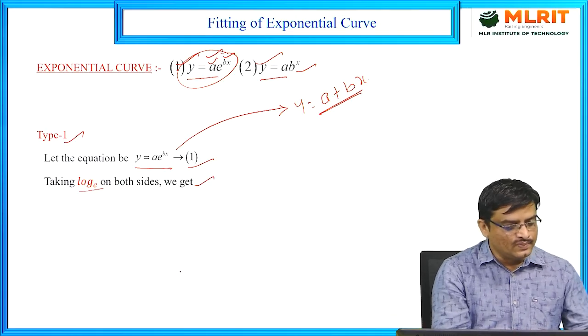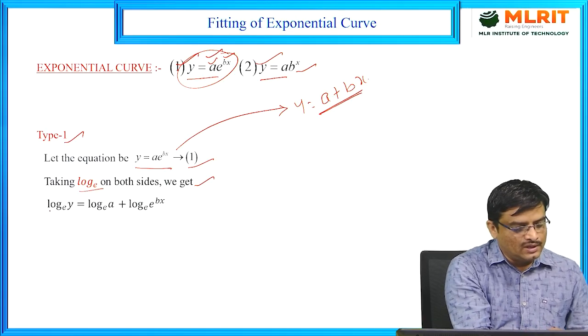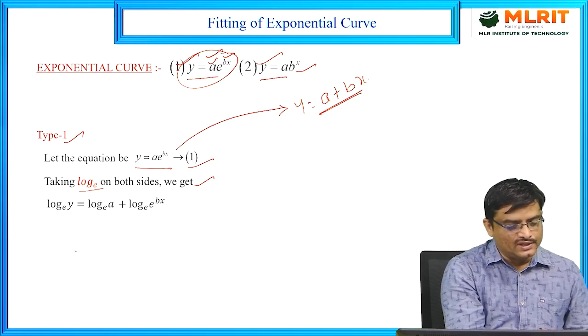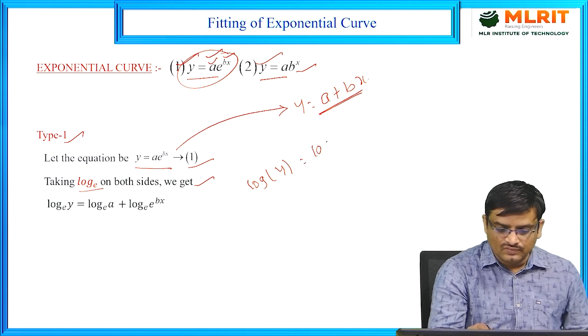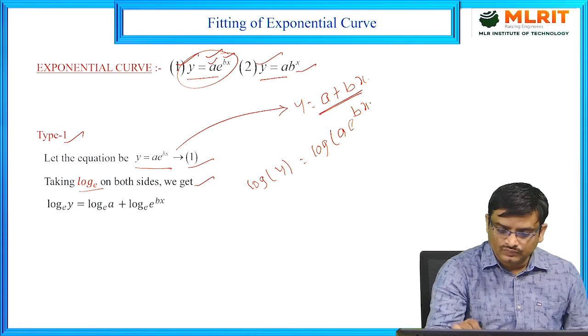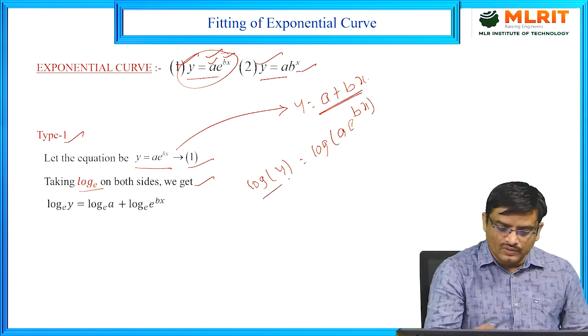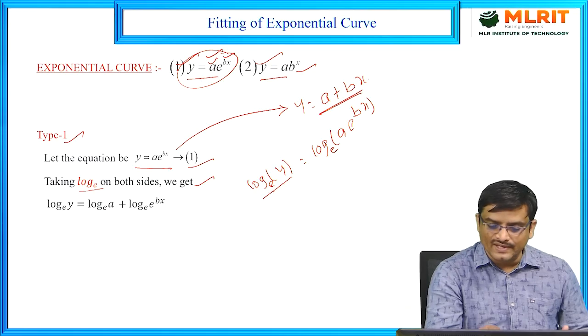Once we apply this, we got log y to the base e, so log of y is equal to log of a into e power bx. By default, log means here we are taking the base e.